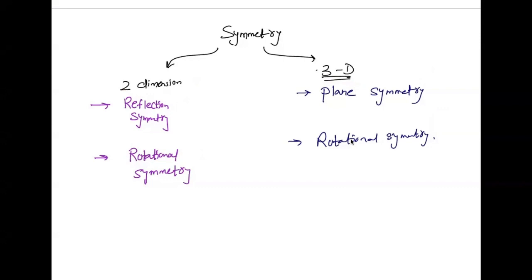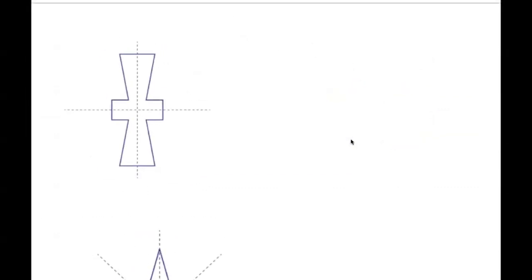So if I show you this figure, how many lines of symmetry are going to be there? A line of symmetry is a line that is going to divide the shape into two identical halves.